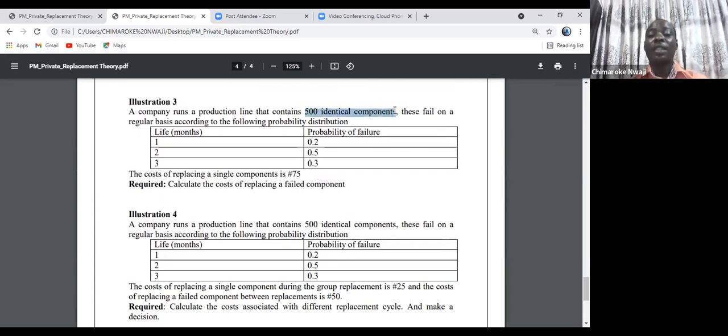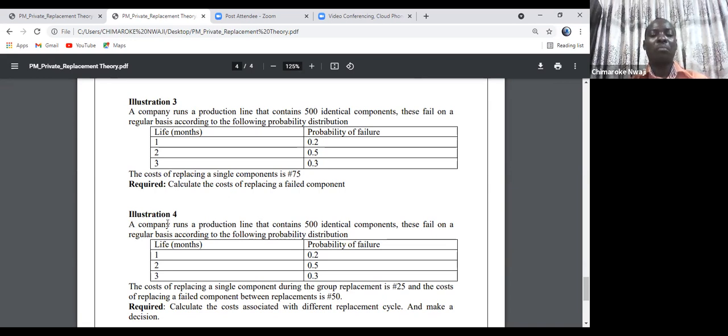So this is not assets. These components can fail on a regular basis, and we are asked to calculate the cost of replacing a failed component. I'm not asking you to solve this. I'm just asking you to look at them, because in the next class, we are just going to solve these questions.